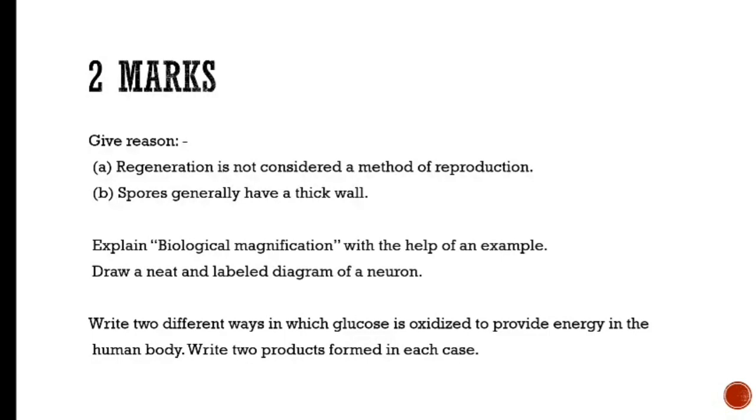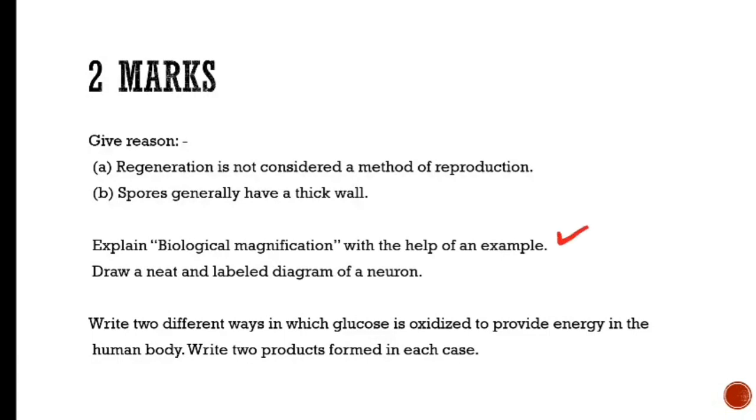Now, moving on to the next question. Explain biological magnification with the help of an example. So biological magnification, as you all know, is the accumulation of toxins, chemicals or pesticides, and it goes on from one organism to another organism through the food chain, and most of the chemicals or pesticides are accumulated abundantly in human beings.